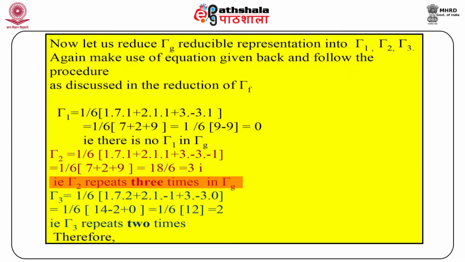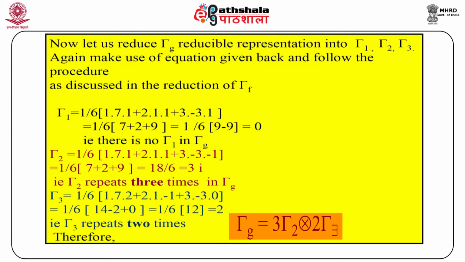That is, tau 2 repeats 3 times in tau Z. Tau 3: 1 by 6, 1 into 7 into 2, 2 into 1 into minus 1, 3 into minus 3 into 0, is equal to 1 by 6, 14 minus 2 plus 0, that is 1 by 6 into 12, which is equal to 2. Tau 3 repeats 2 times. Therefore, tau Z is equal to 3 tau 2 and 2 tau 3.